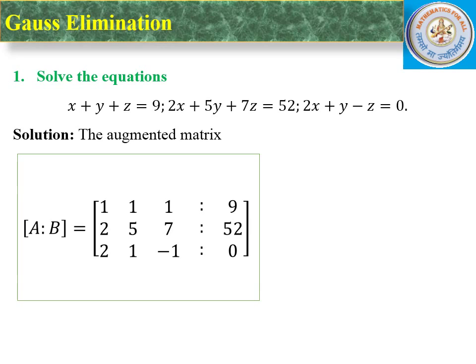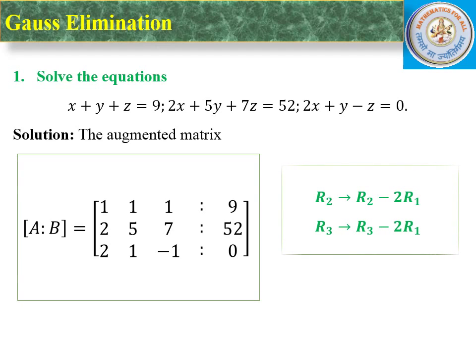It is the combination of the coefficient matrix A and the column matrix B. For the solution of the system of equations, we reduce this matrix to its equivalent form to check the rank of the matrix and the consistency of the system first, then we go for the solution.